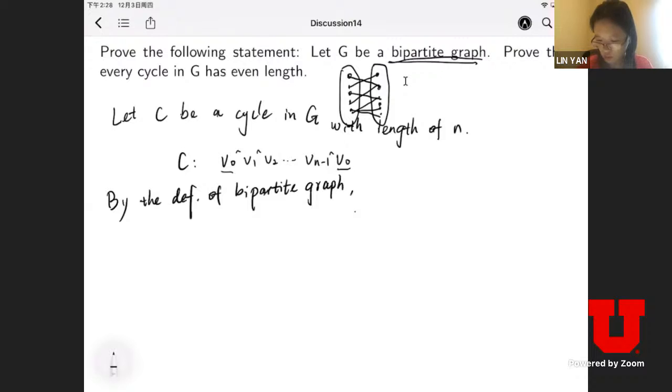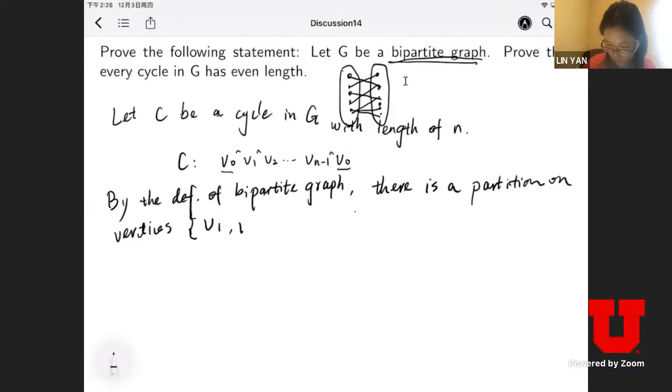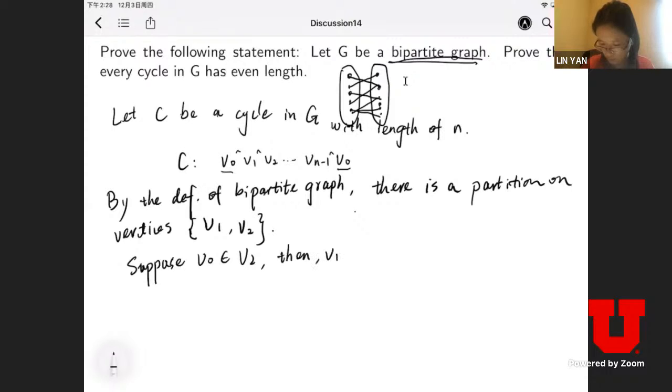So there is a partition of the vertices, V1 and V2. And suppose V0 is an element of V2, then V1 is an element of V1.